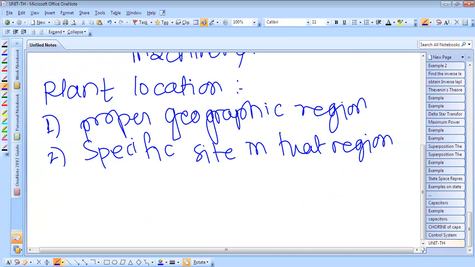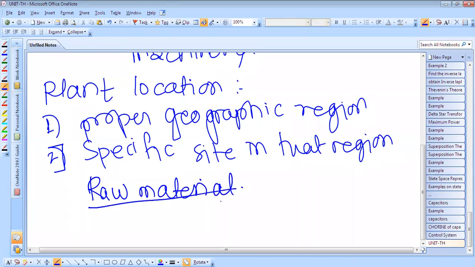Okay, so the plant location plays a major role in the design of the production system, as it determines the cost of getting the suitable raw material, processing raw material, and of the finished product distribution to the customers. So your plant should be at such a place where we require the raw material for the plant. So the raw material should be easily available at that site. Second, we have to process the raw material.